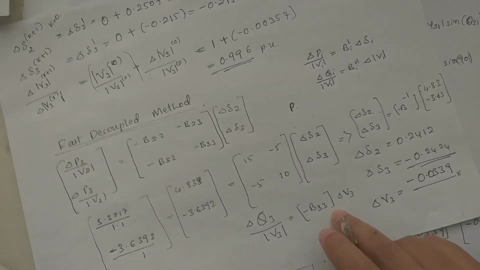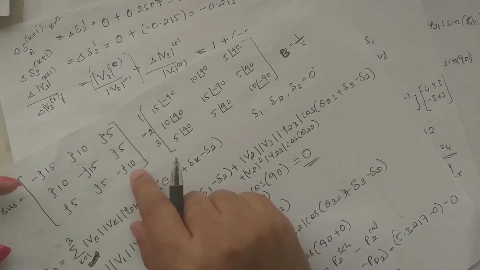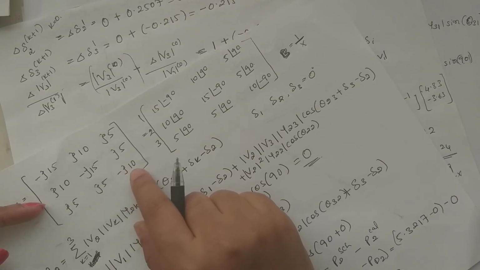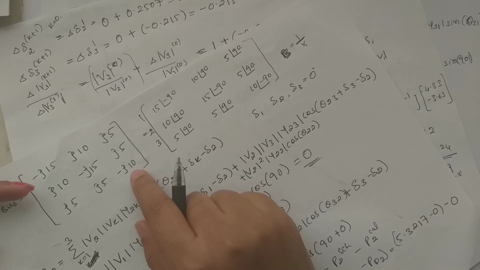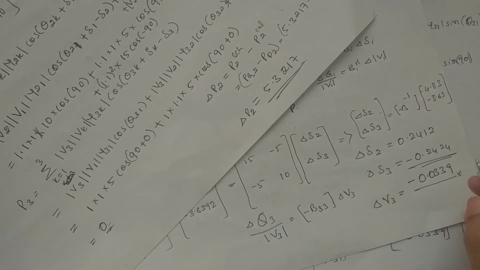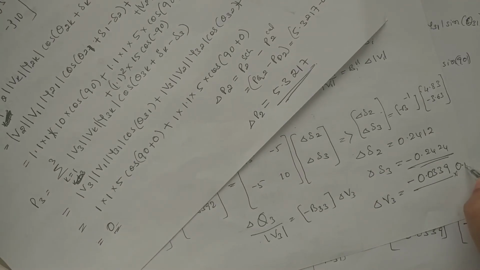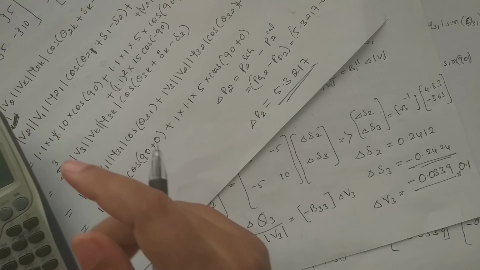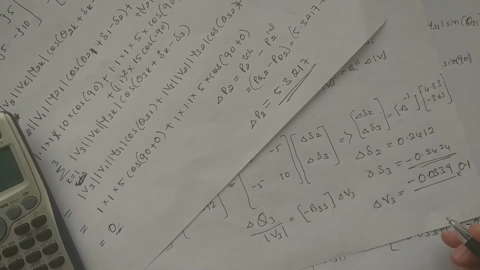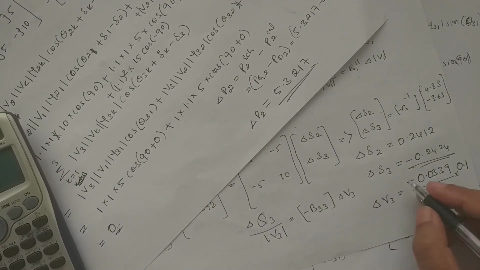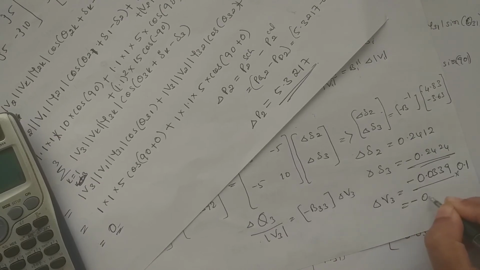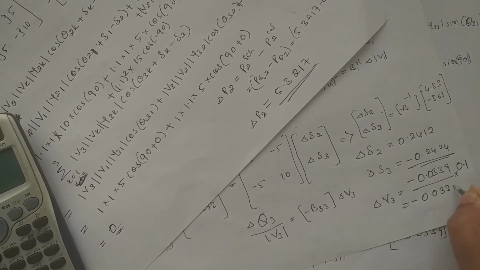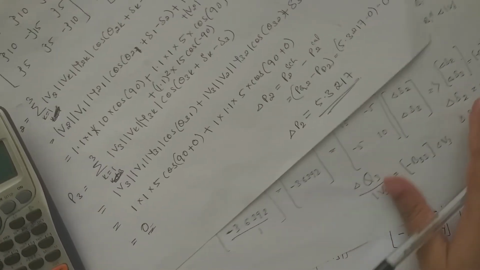Minus B33 is 10, and the inverse of this is 0.1. Into 0.1, we get minus 0.0339 only.